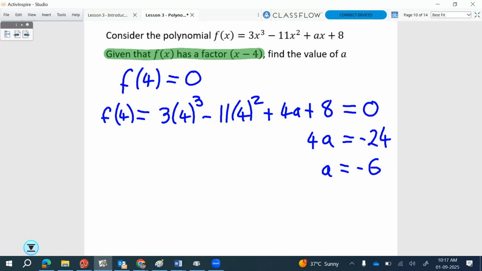I'll give you a minute to discuss that. Why is it... because you subtracted 24.